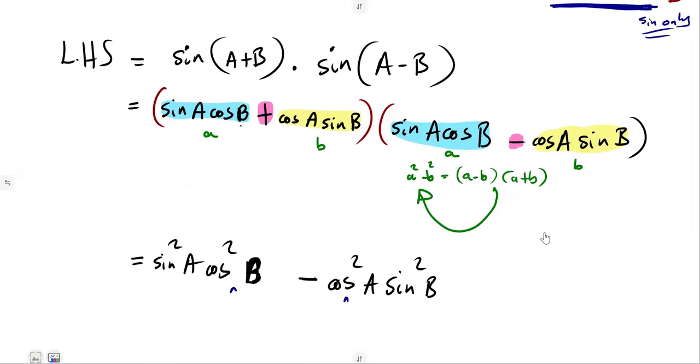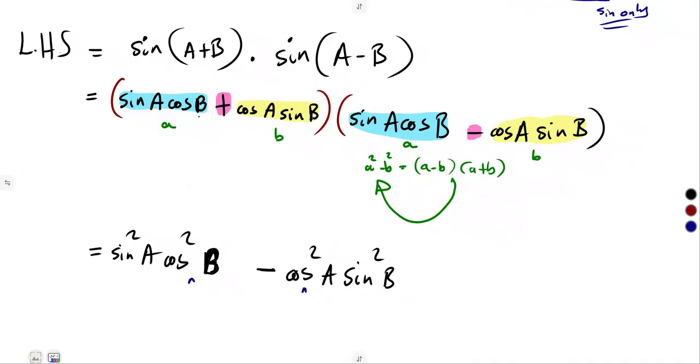Remember now our Pythagorean identity: the cos squared of x added to the sine squared of x gives us 1. So when it is a cos squared, it's going to be 1 minus sine squared of x. That's going to give us a cos squared.